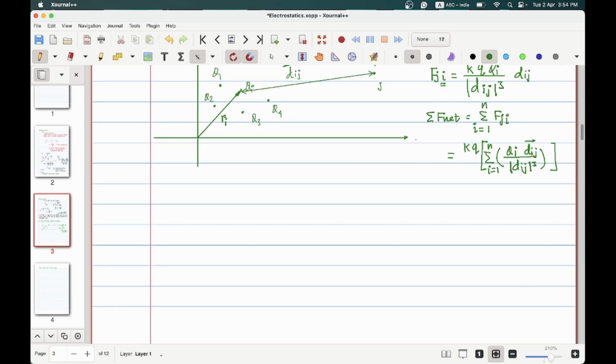So this is the F net, and what should be the value of the electric field? The electric field is basically KQ by Q, the summation over i equals 1 to n.